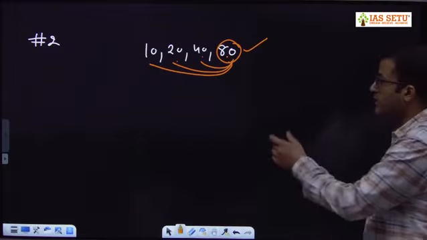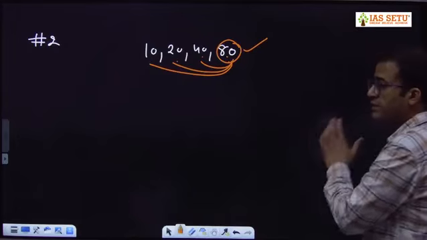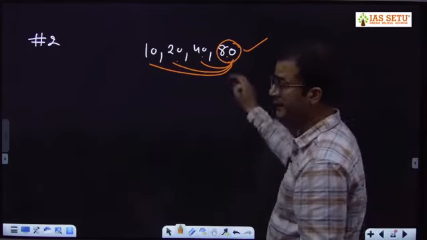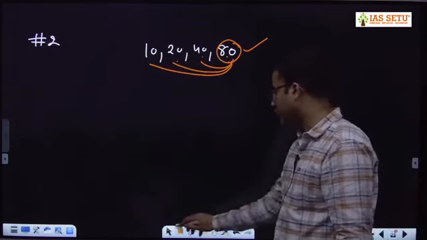For example, the LCM of 10, 20, 40, 80 is 80. इनका LCM 80 है. I take one more example.